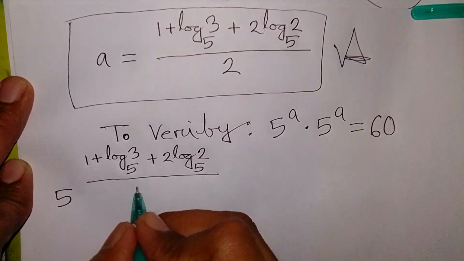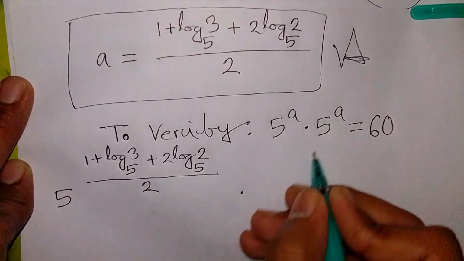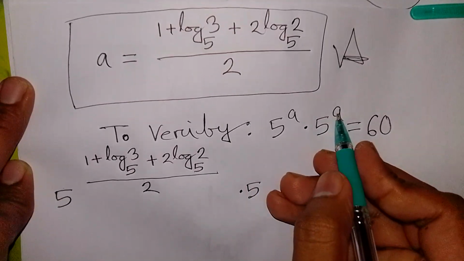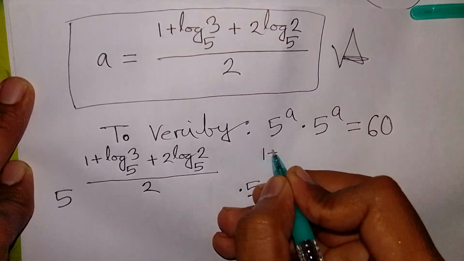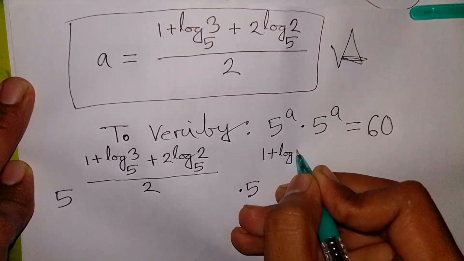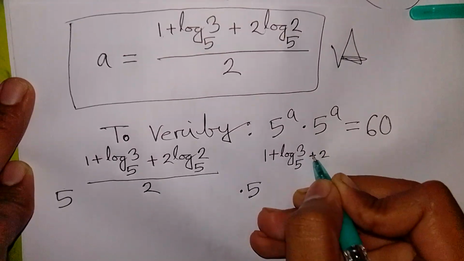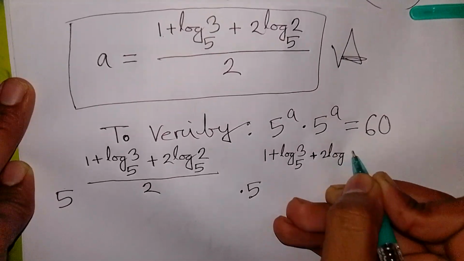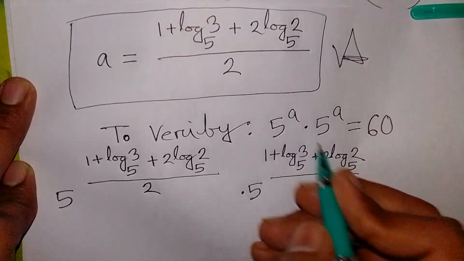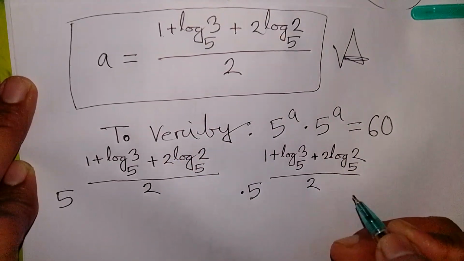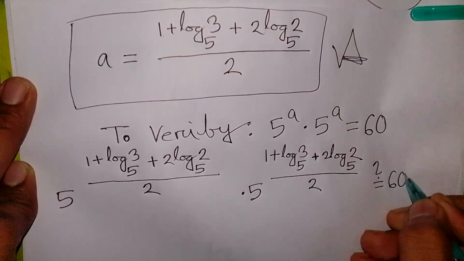Then here times 5 power of a, so the value of a, which is this, 1 plus log 3 base 5 plus 2 log 2 base 5, over 2. Is it equal to 60?